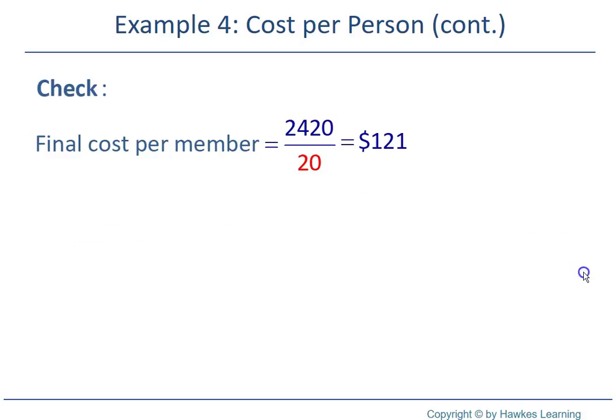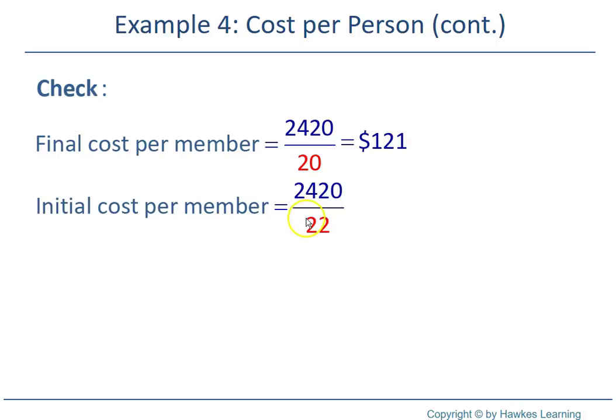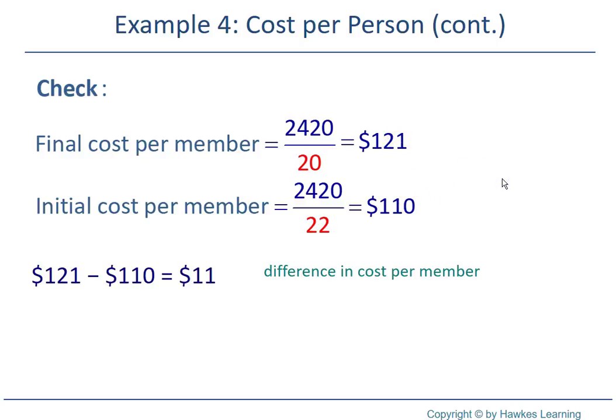And there's our check. So now the 20 members are paying this, where if there were 22, they would have paid this. And you see now the original price of 110, because there were fewer members, went up to 121 per person on the bus, which increased their price by $11.